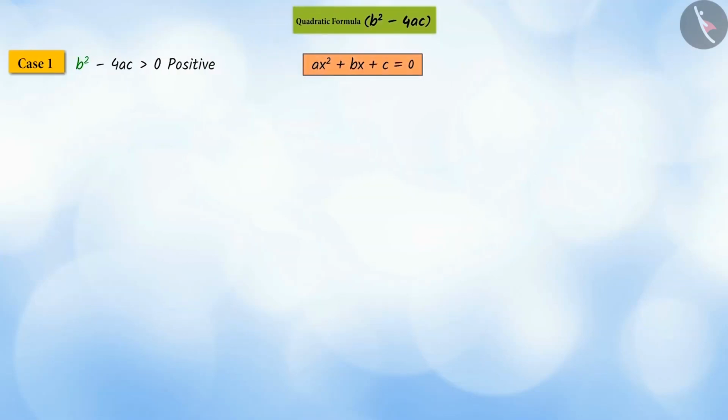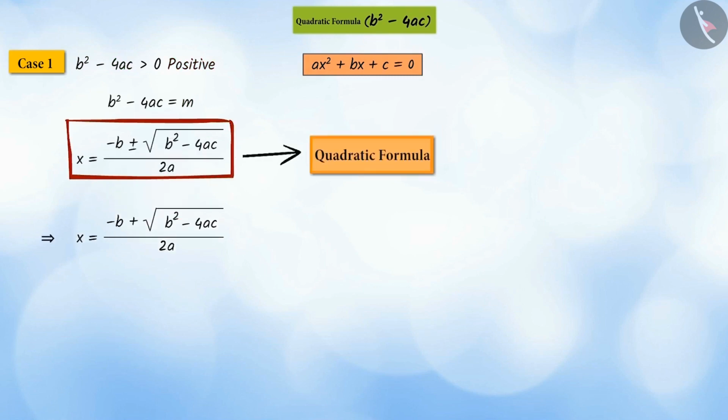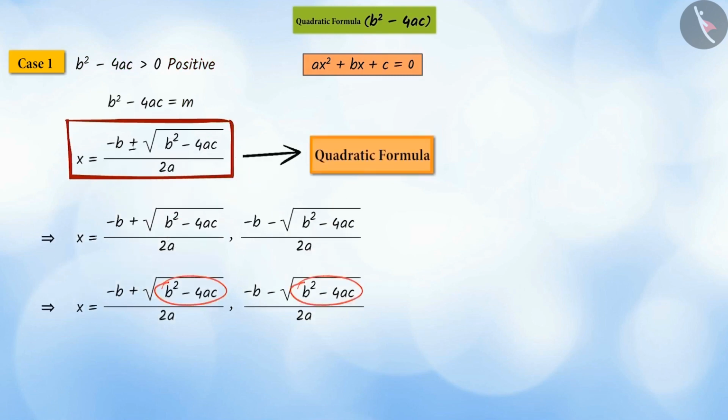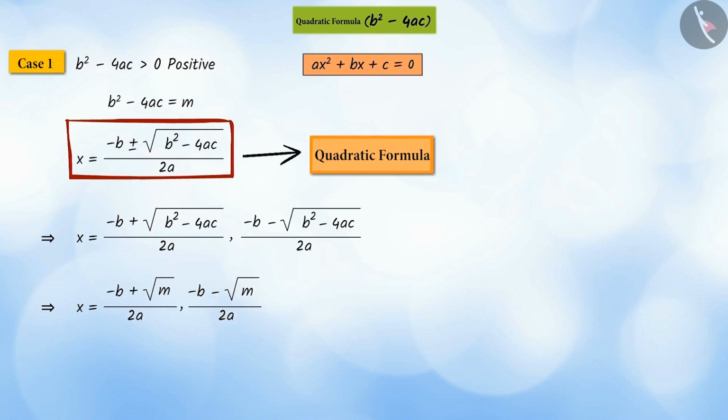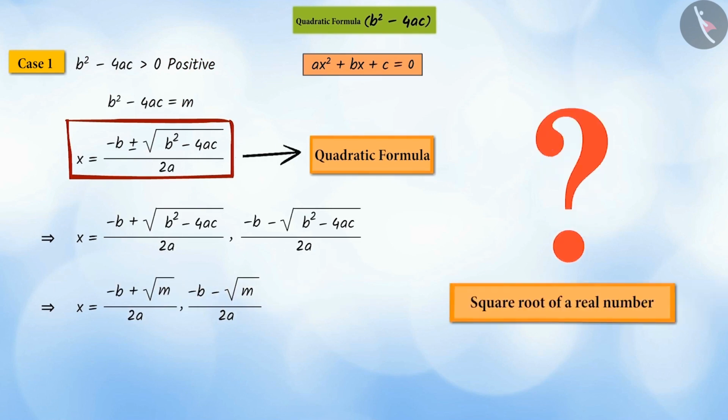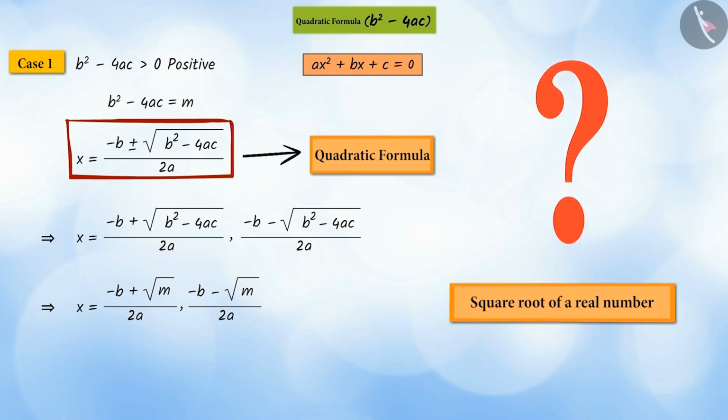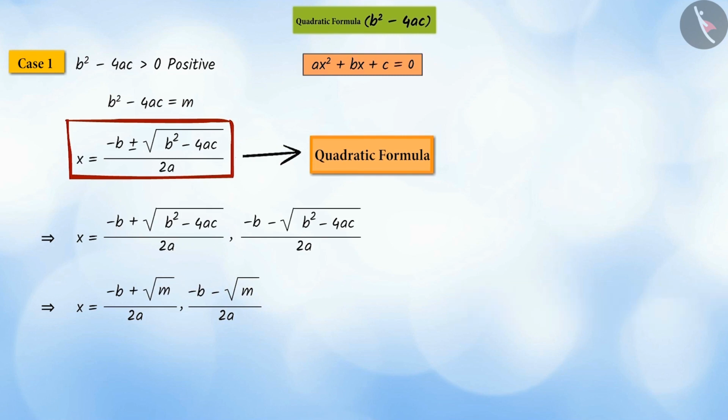In this quadratic formula, if the value of b square minus 4ac is greater than 0, it is a positive number. Let's consider it m. Now in roots derived from quadratic formula, let b square minus 4ac be replaced with m. Can you say what is the square root of a real number? Absolutely right.